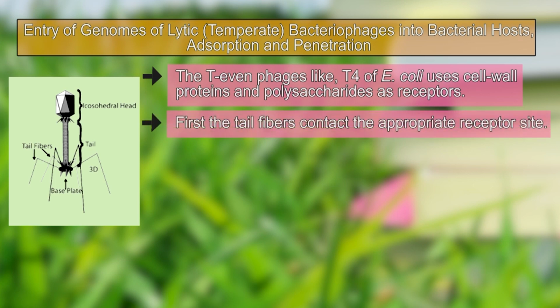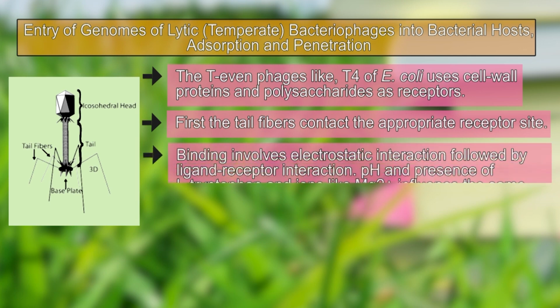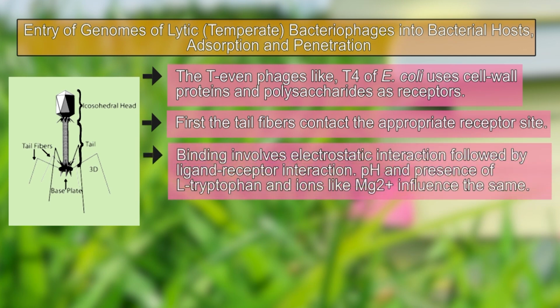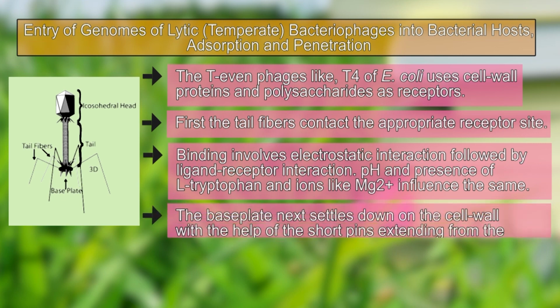Now the phage first attaches itself to the host cell receptor with the help of its tail fibers, and this is accelerated by ATP hydrolysis, low pH, presence of magnesium and also presence of L-tryptophan. The base plate then settles down on the cell wall with the help of short pins extending from it.